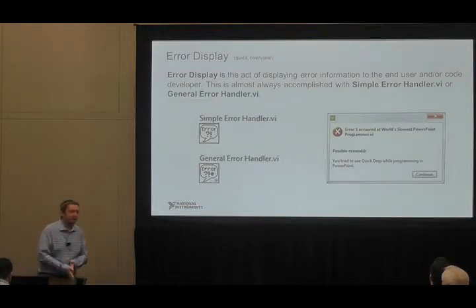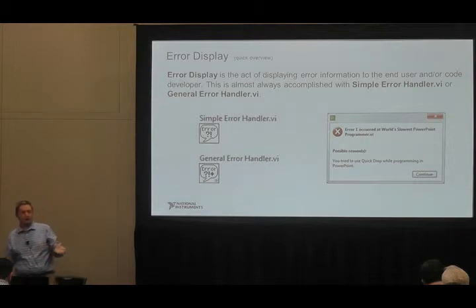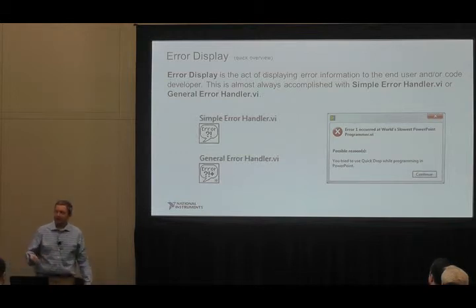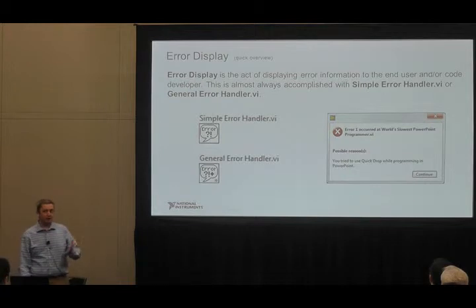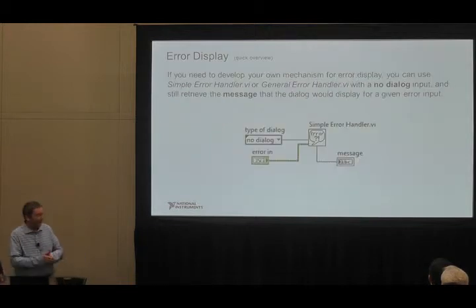What about error display? So error display is when an error has happened and you need to get that information displayed to the end user somehow. You are almost always using Simple Error Handler.vi or General Error Handler.vi to display that information to your user. Now, if you are not using those, that means you've probably got your own error display mechanism of some sort. And in that case, we've actually still got some really handy functionality on Simple Error Handler.